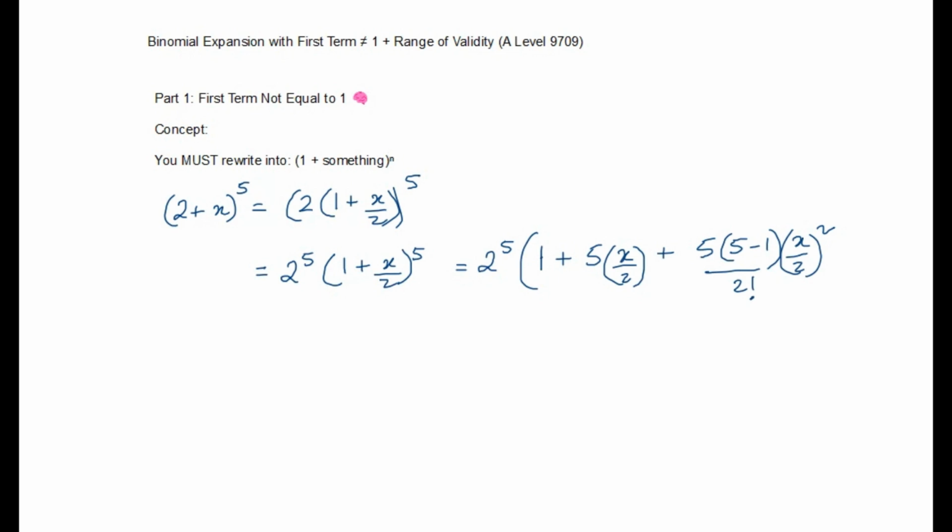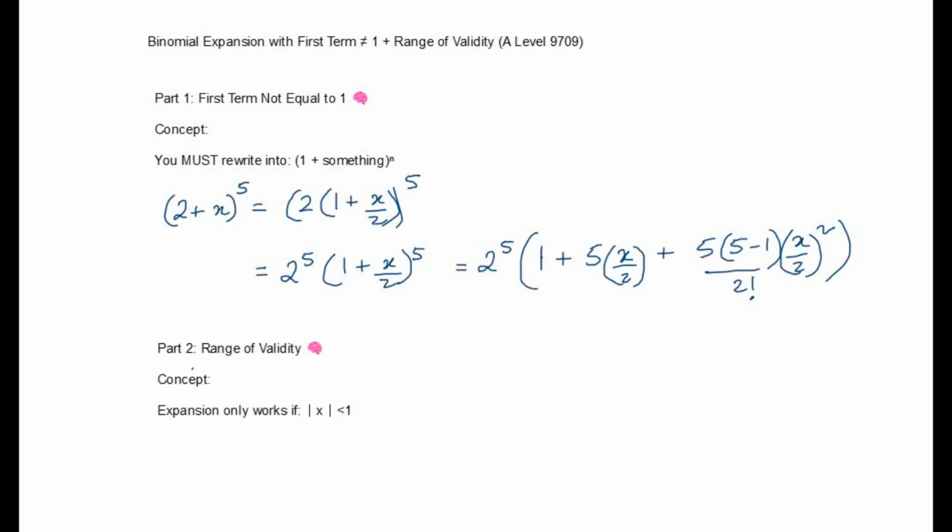Here I have just followed the formula given in your MF19. And this is the expansion for 2 plus x to the power of 5 up to the third term. Remember that if the first term is not equal to 1, you have to make it 1 by factorizing.